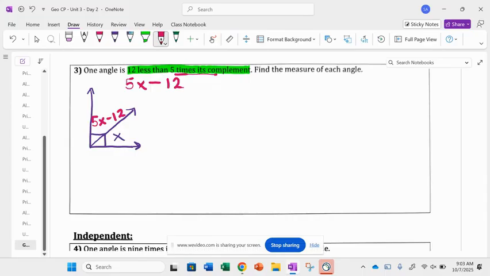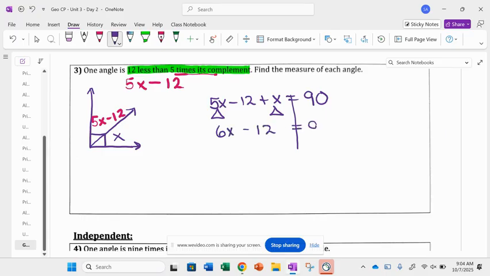Can anybody think of an equation to now help us solve for x? Jack? 5x minus 12 plus x equals 90. You got it. 5x minus 12 plus x equals 90. 5x plus x is 6x minus 12 equals 90.